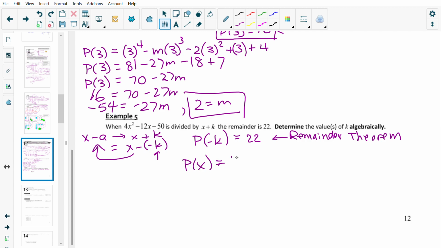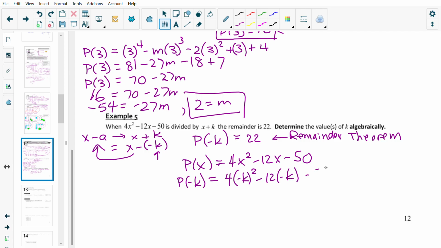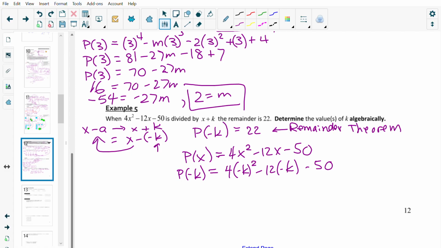Okay, let's start with our polynomial. p of x equals 4x squared minus 12x minus 50. Let's plug in p of negative k. So 4 times negative k squared minus 12 times negative k minus 50. Okay, let's simplify all this out. Remember p of negative k, I'm going to bring this down here. That equals 22. 22 equals 4k squared plus 12k. Okay, and then this is a quadratic.